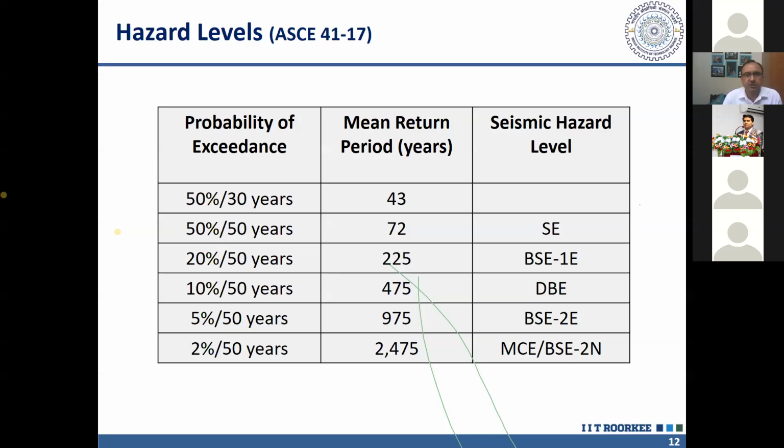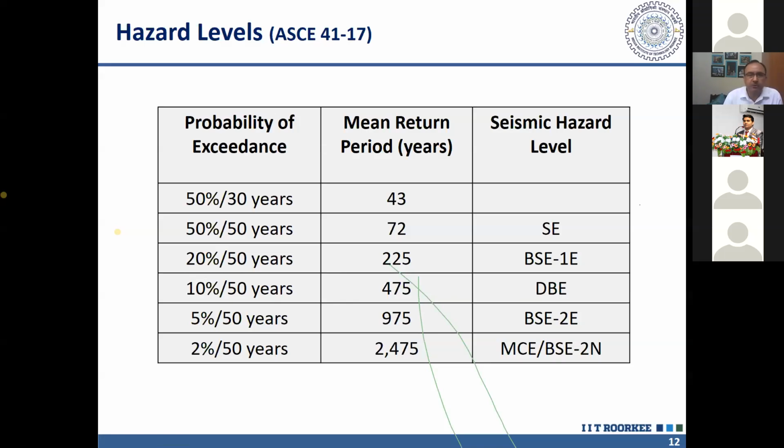Then another earthquake which we are mostly using is the DBE, design basis earthquake, and it has a 10% probability of occurrence in 50 years. Why do we call it design? Usually the expectation from our structures is that those will not collapse under the MCE, maximum considered earthquake.